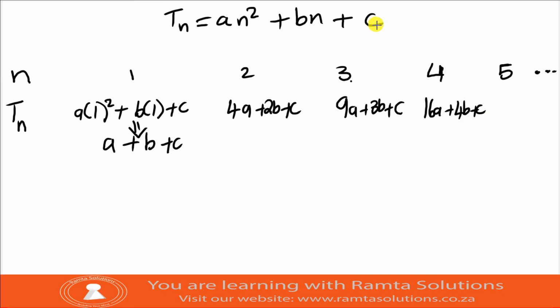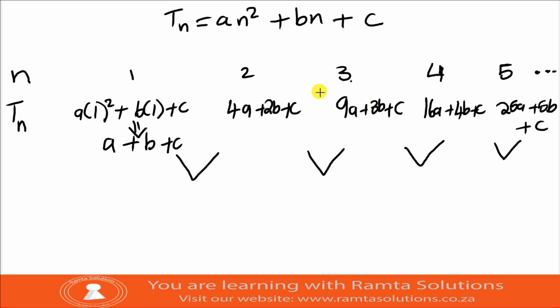Lastly, when n is 5, 5 squared is 25, so 25a plus 5b plus c. Now, these are patterns. Just like you did in arithmetic patterns, you need to find the difference between the first and the second, second and third, and so forth.